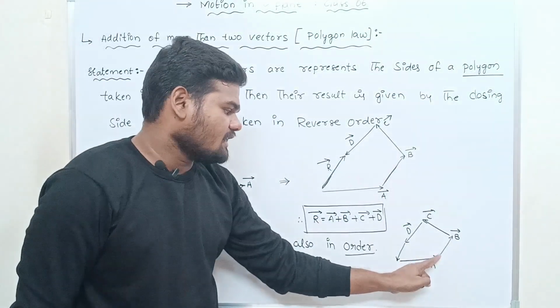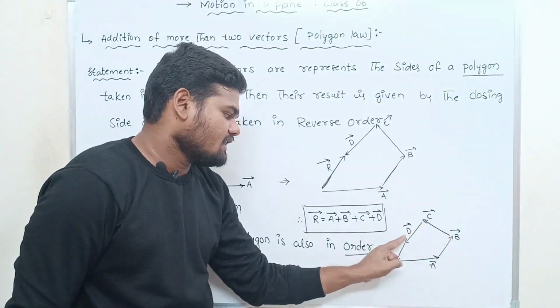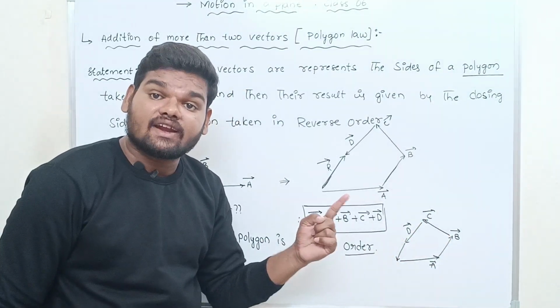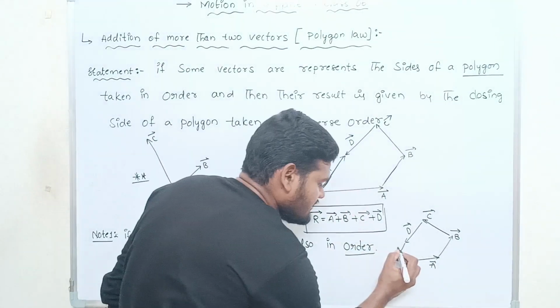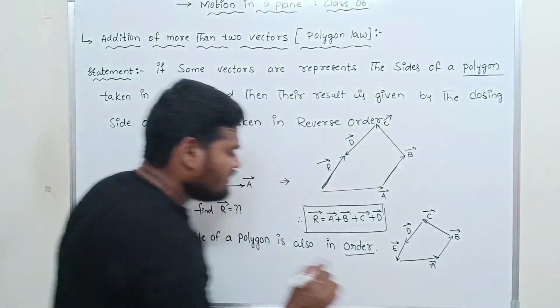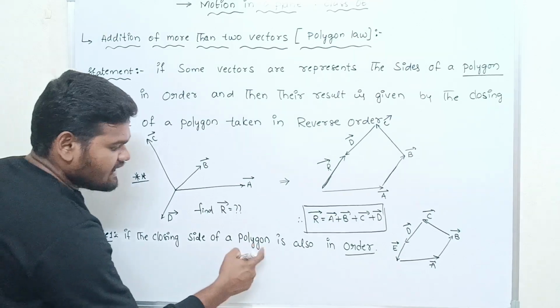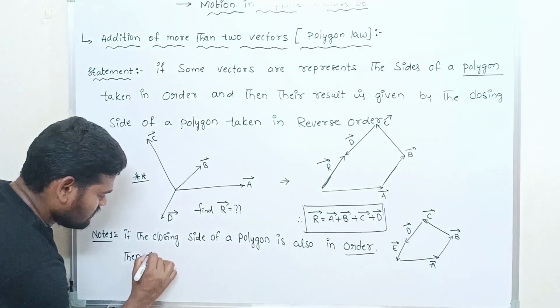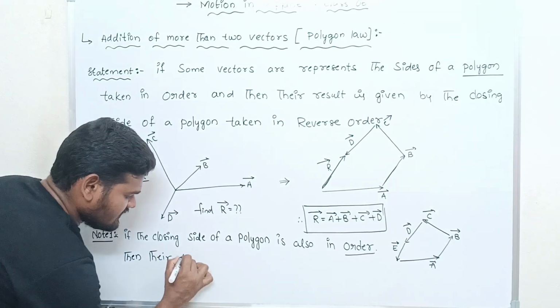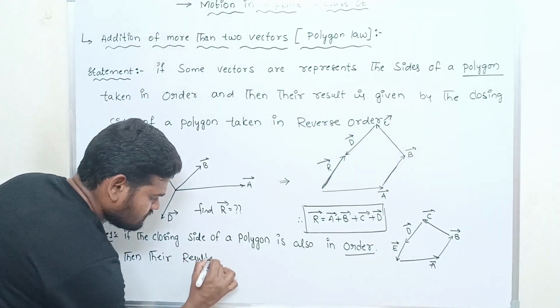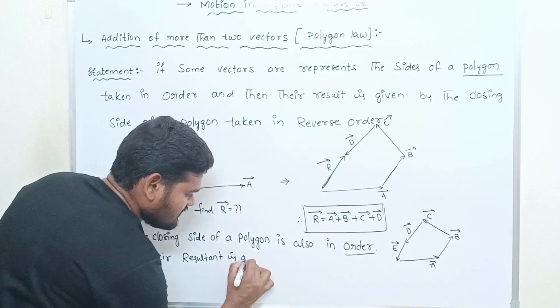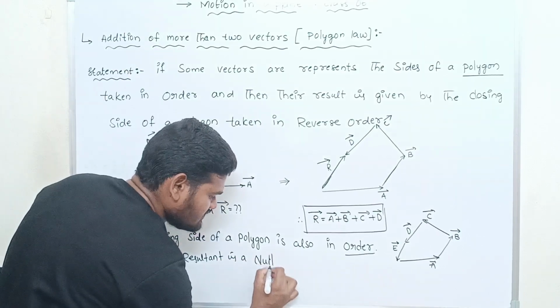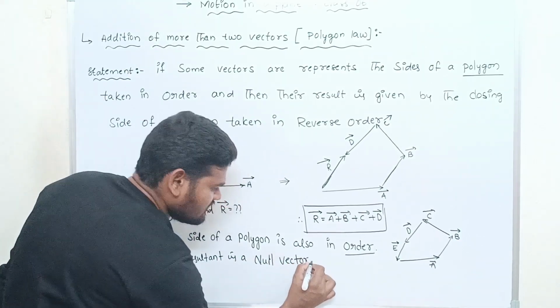Have a look: head, tail, head, tail, head, tail, head, tail. So the closing vector is also in order. Let us say this is E bar vector. So if the closing side of a polygon is also in order, then their resultant is a null vector.